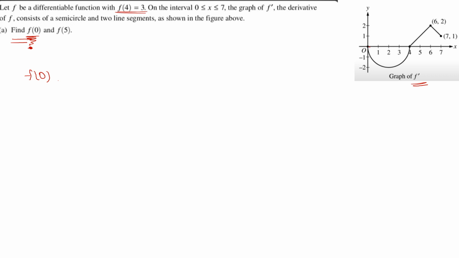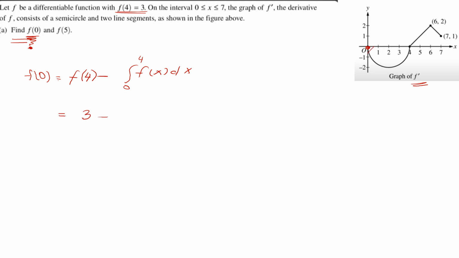So f of 0 equals f of 4 minus the integral from 0 to 4 of f prime of x dx. Now f of 4 is already given to me, that is 3, minus the integral from 0 till 4.